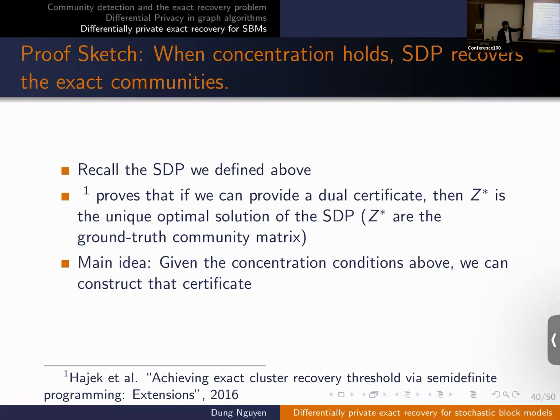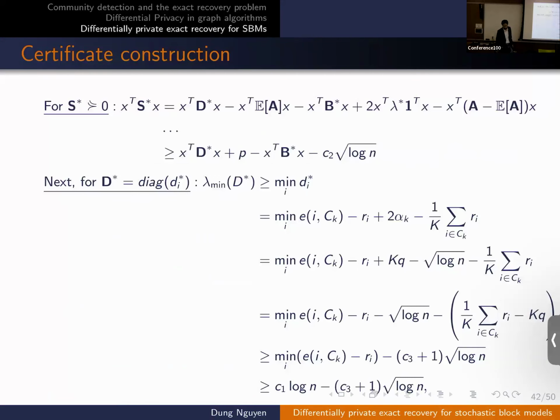And then we plug it into our inequality here. Now, temporarily, we can ignore this part, because we can set it up in such a way that this quadratic form equals 0. And the remaining part is to prove that this one here is larger than something that I will talk about.